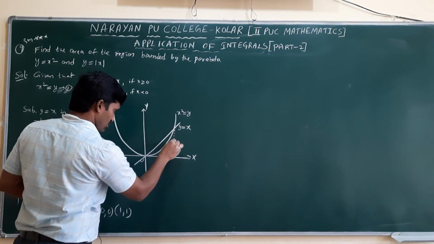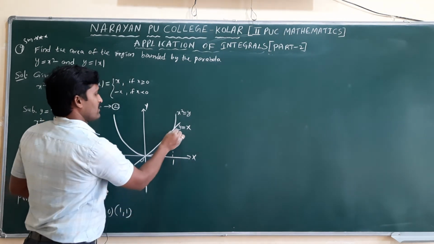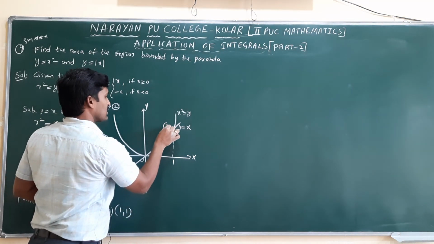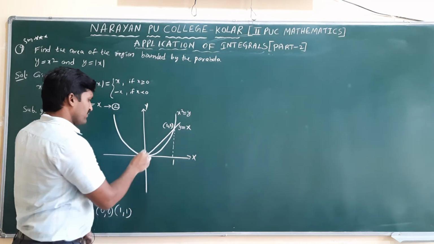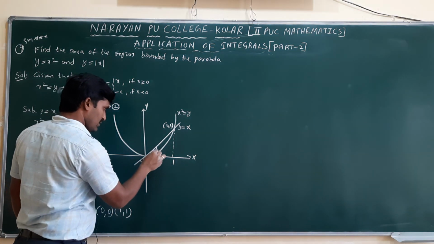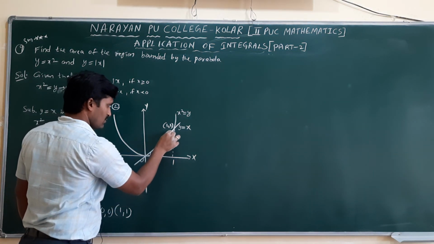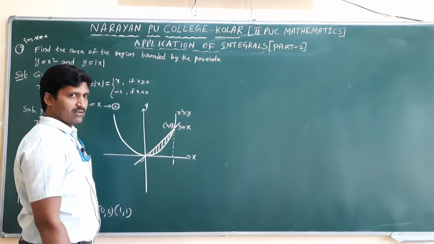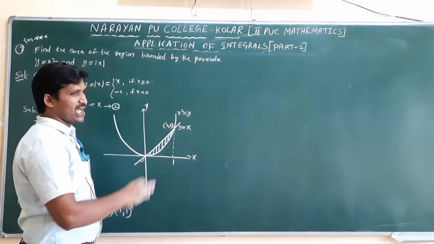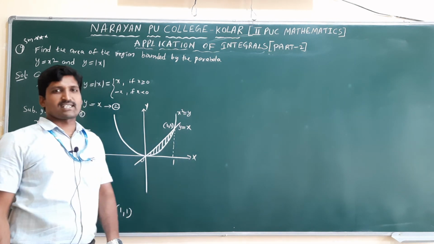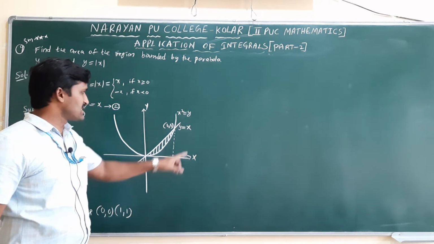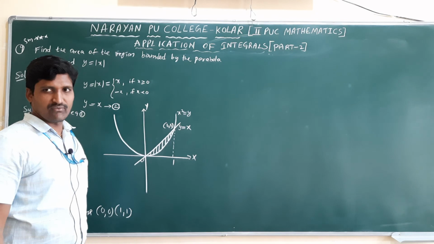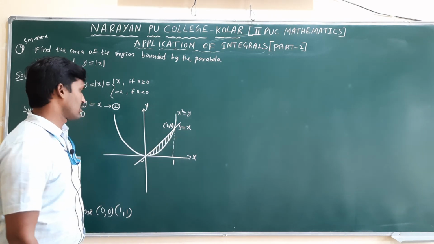Now if you take this is 1, this point is 1, 1. This is the region we need to find here. But above, the line is not parallel to x-axis or y-axis. When it is parallel to the x-axis, a single value will come, but this is not a single value, it is a curve, a function in terms of a variable.